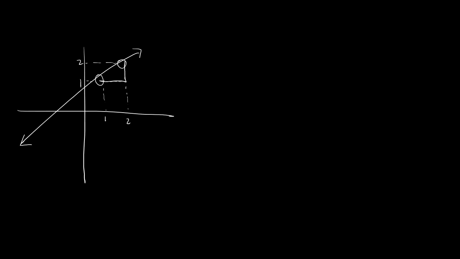Now that we've chosen this, the vertical line here will be known as the rise. This horizontal line here will be known as the run. All we need to do is look at the distance of that line, like the rise, look at the length of it. Remember, it's going from number 1 to 2.